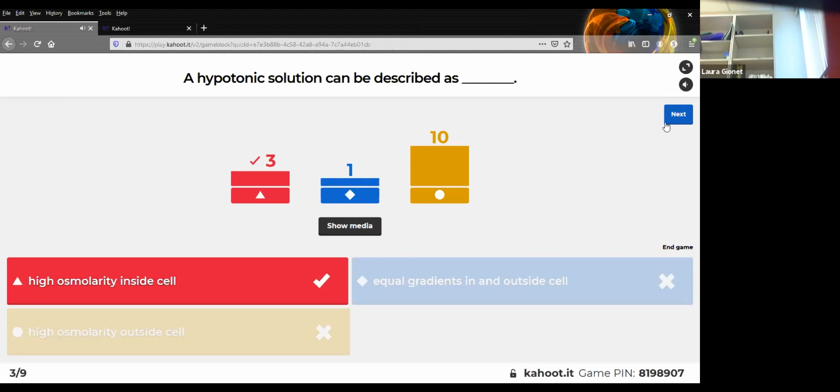Okay. All right. So think of osmolarity as like the concentration of substance. That might be an easier way to think of this. So if the solution is hypotonic, the interior of the cell is relatively hypertonic, and therefore, we have a higher osmolarity inside the cell.